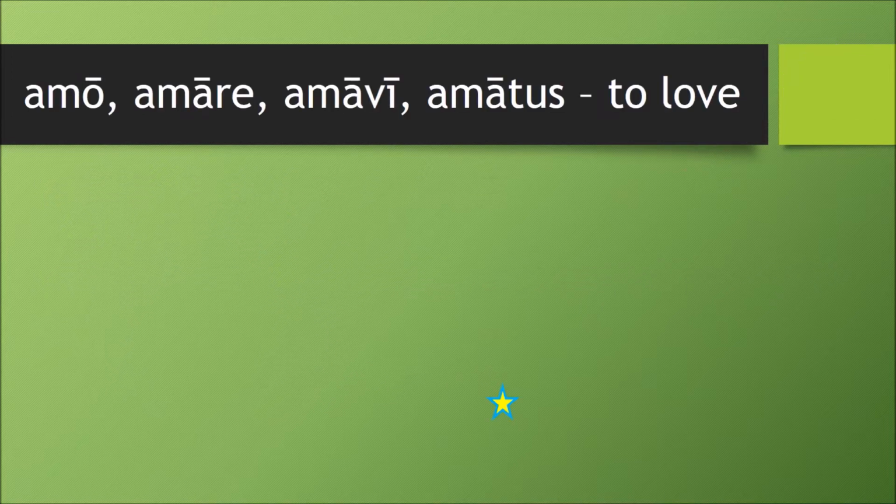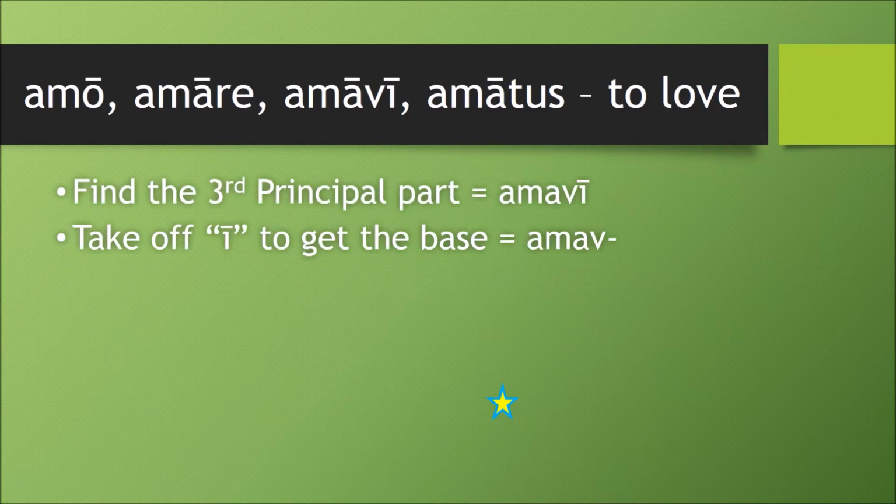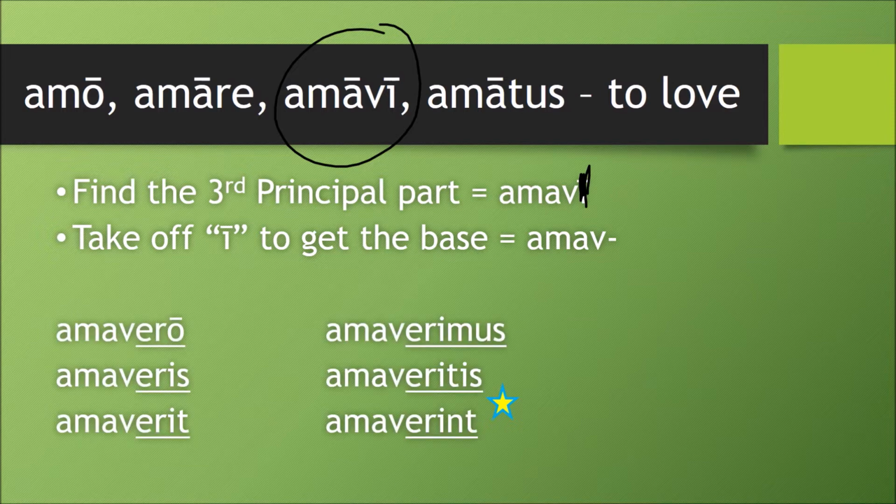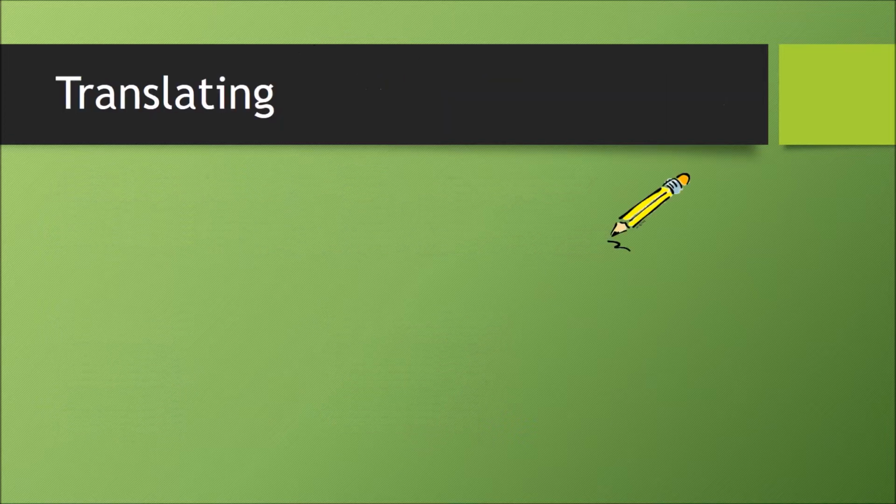Our example, amo, amare, amavi, to love, we're going to find that third principal part and take off the I. To that, we're going to add the endings of sum esse in the future tense, and we're left with amavero, amaveris, amaverit, amaveremus, amaveritis, and amaverint, where once again, we want to make sure to keep that I instead of changing it to a U like we normally do for sum esse.